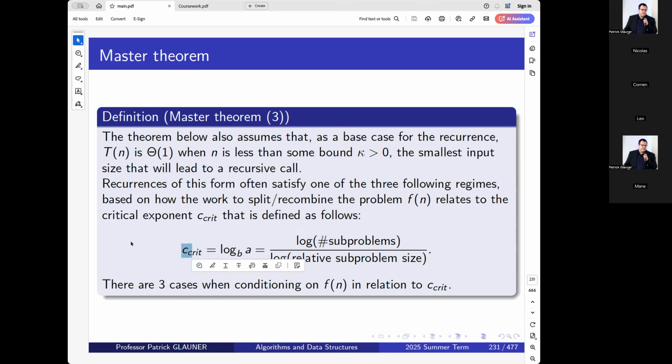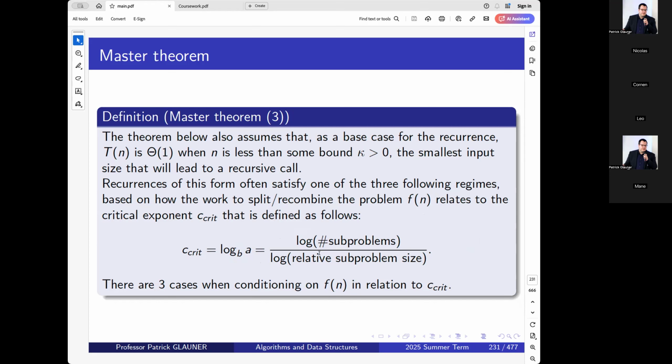Concretely, the critical exponent is the logarithm base B of A. So the logarithm of A divided by the logarithm of B. A is the number of the subproblems, because we said we can branch out to 1 subproblem or 2 or 4, whatever.